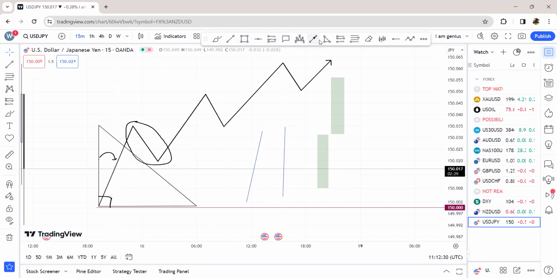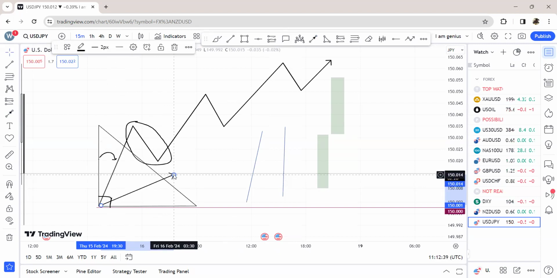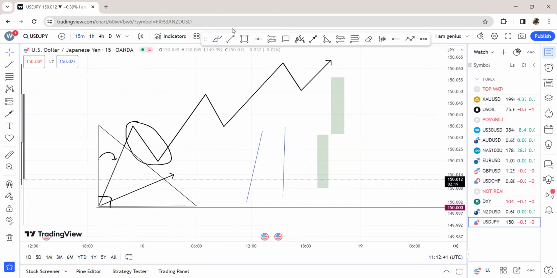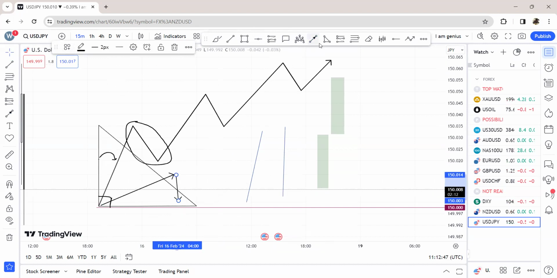But you can have a problem if, let's say, the market you are saying is an uptrend, but it has this type of move.